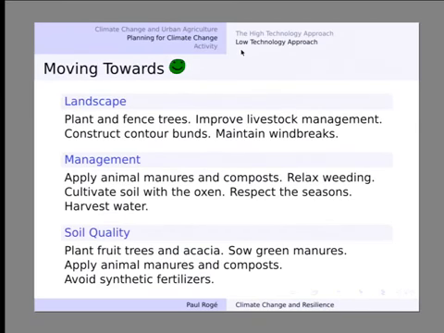Yeah. So I guess, okay, why don't we try to summarize some of the main points, because there's a lot of different ideas that I presented. So we're talking about planning, right? And in order to plan, you need to have some sort of reference point, whether that reference point be some sort of future projection and mapping, or past experiences that you can build off of, given just an assumption of more variability in climate, right?